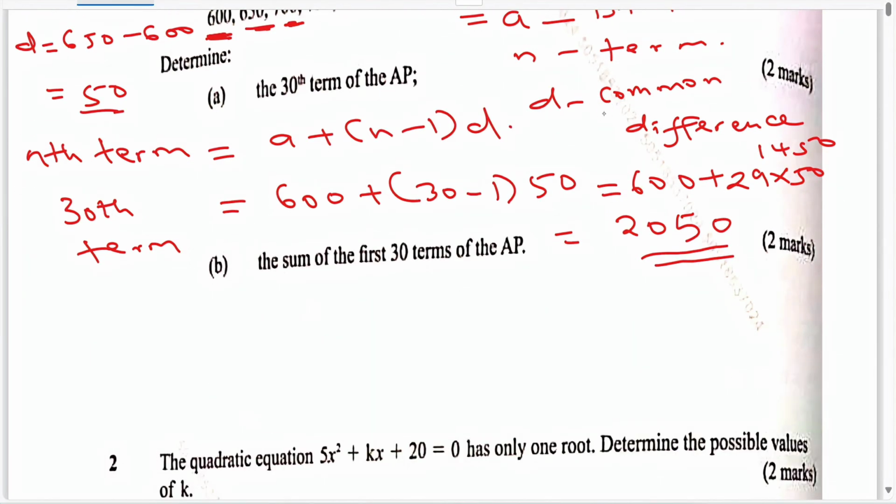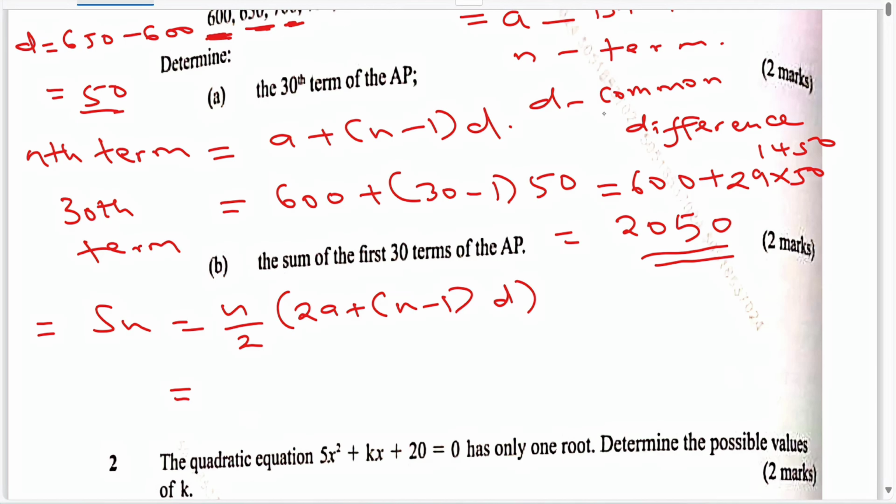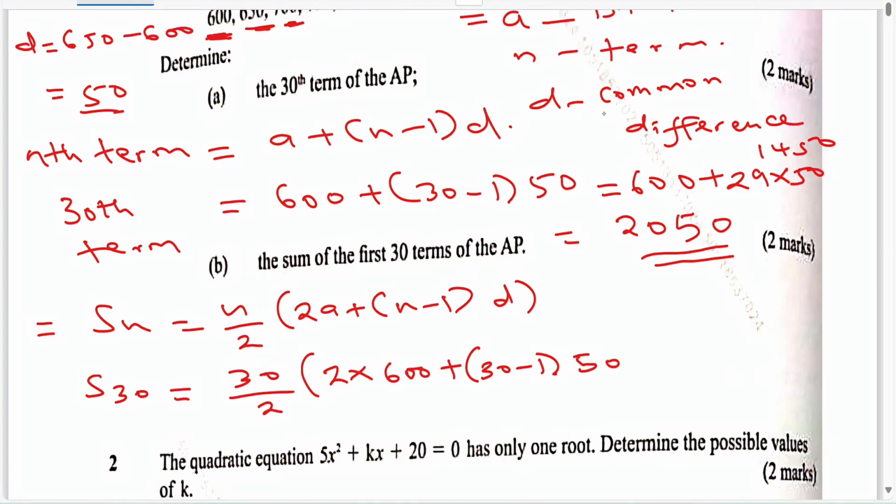The second answer is the sum. And how do you get the sum? Sum of terms is given by n over 2 into brackets 2a plus n minus 1 times your common difference. So n over 2, so sum of 30 terms, so n is 30 divided by 2 into brackets 2 times a, which is 600, plus n 30 minus 1 times your common difference, which is 50.